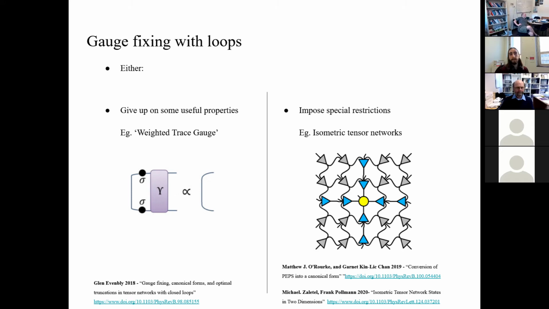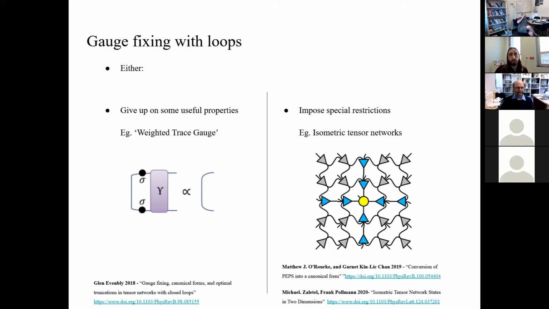So methods of gauge fixing loopy tensor networks either give up on some useful properties of the one-dimensional canonical form, for example, with this weighted trace gauge introduced by Glen Evenbly in 2018, or otherwise hopefully keep some useful properties of the 1D canonical form, but only by imposing special restrictions on the tensors, for example, by requiring that they're isometric.